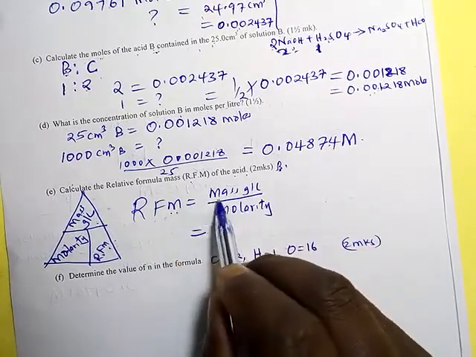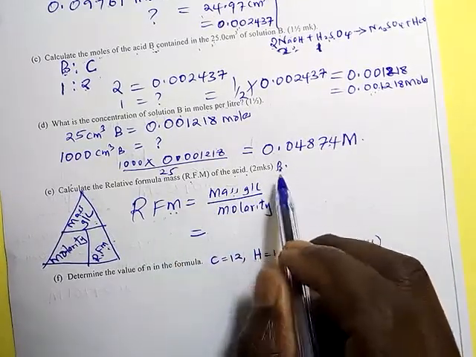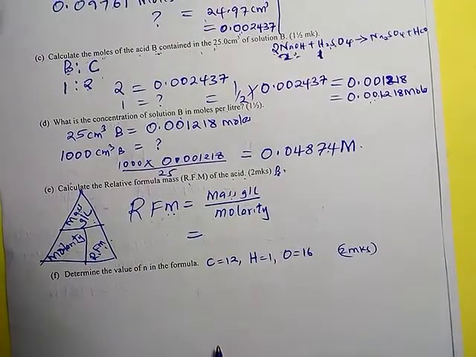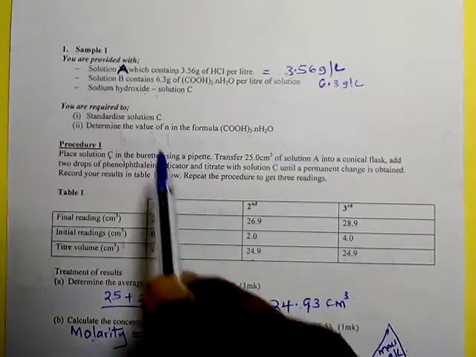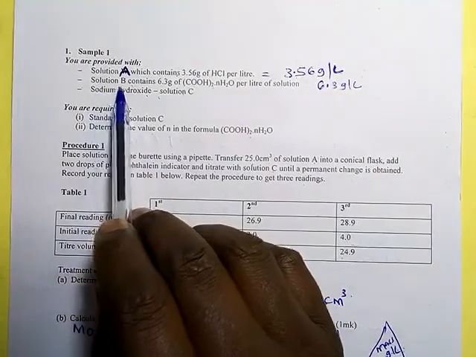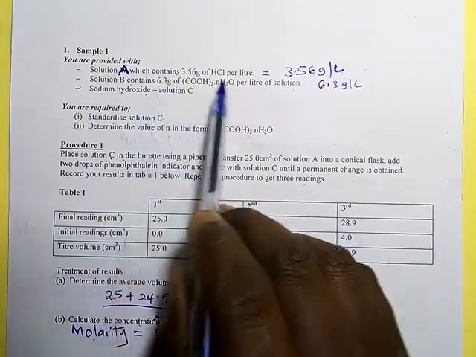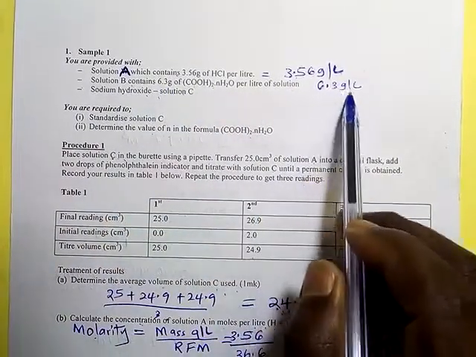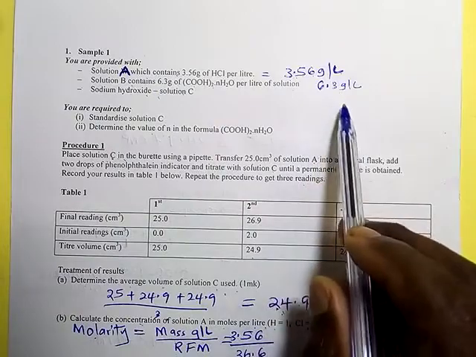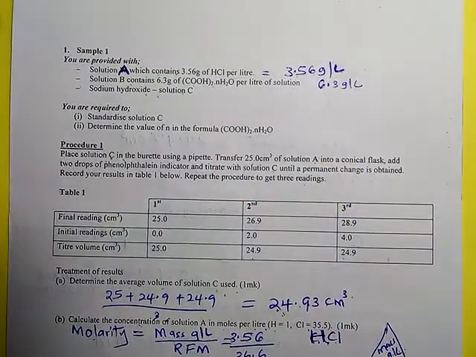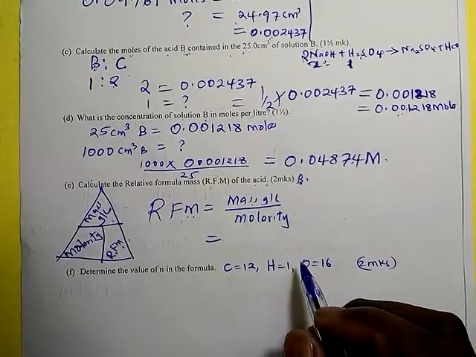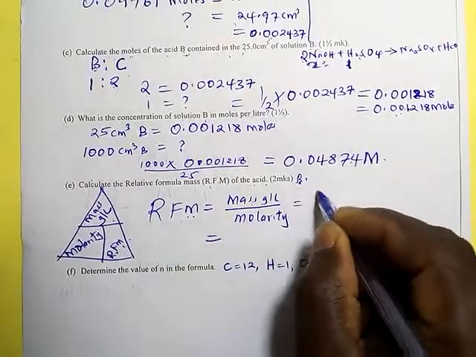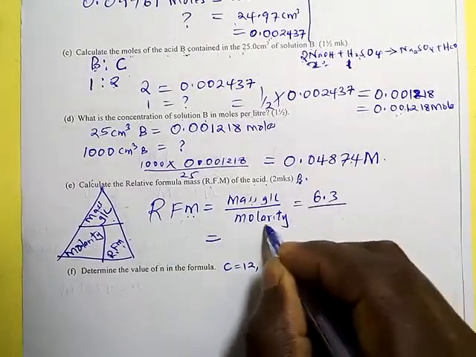Where is the mass in grams per liter of solution B? You go back to what you are provided with. Solution B contains 6.3 grams per liter. We have the mass. So this one is 6.3 divided by molarity.